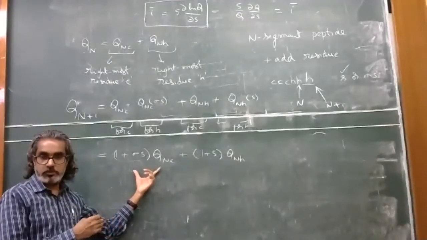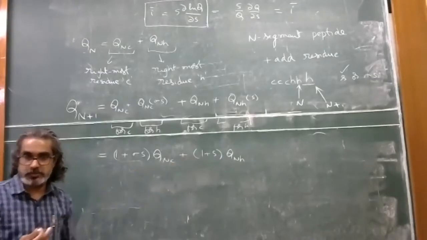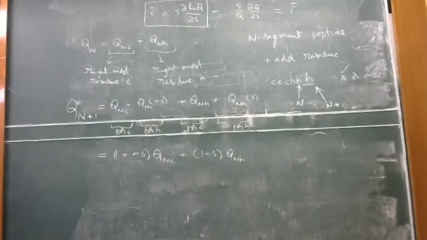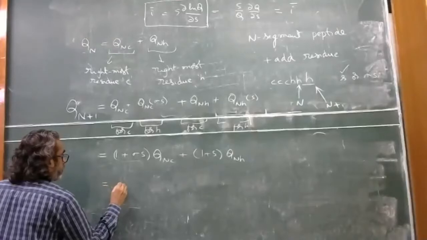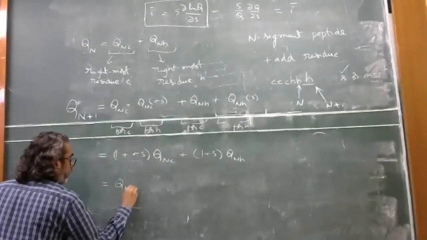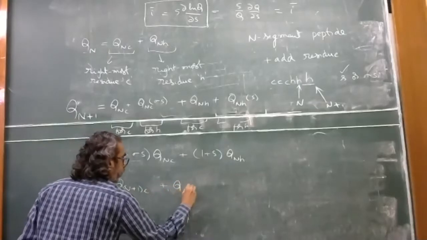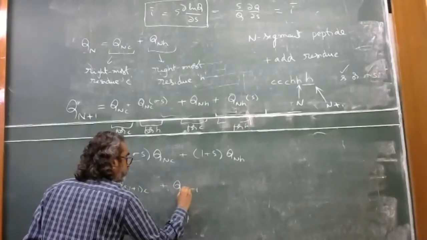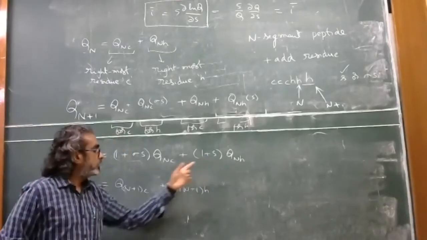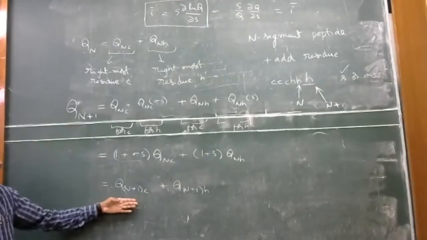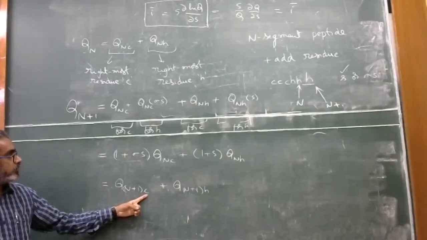The terms which have the last residue as C and the terms which have the last residue as H. So we can have Qn plus 1 C and Qn plus 1 H. Of these four terms, which terms will go into the part where the last residue needs to be C?